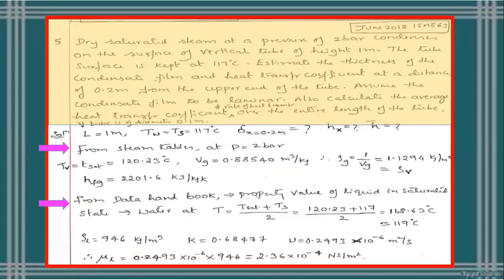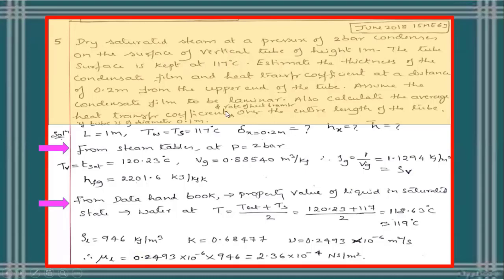Next problem says the dry saturated steam at a pressure of 2 bar condenses on the surface of the vertical tube of height 1 meter. In the previous case it was at atmospheric pressure, but in this case it is saying the pressure of 2 bar. And the tube surface temperature is kept at 117 degrees centigrade.